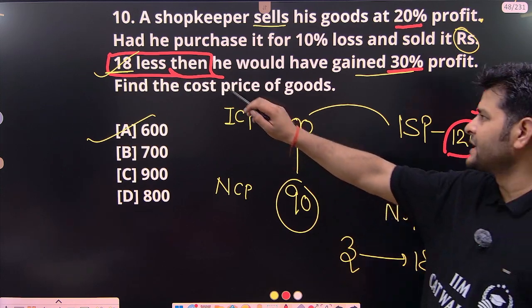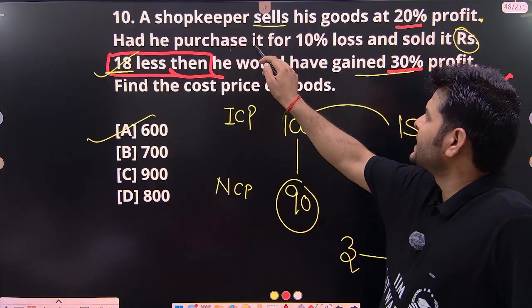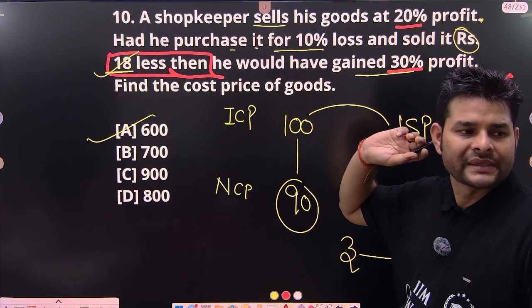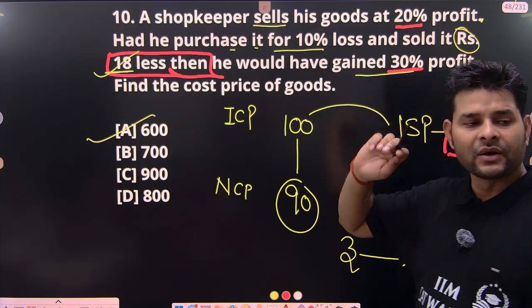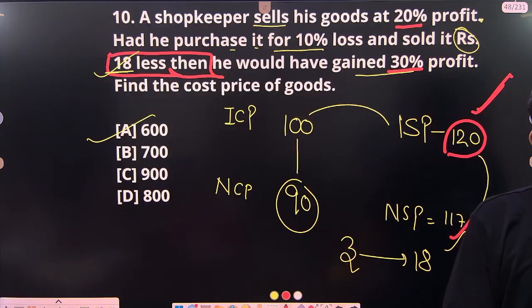Now the second thing is the case: had he purchased it for 10% loss, इसका मतलब अगर उसने 10% लॉस में खरीदा होता तो कितने में खरीदता?